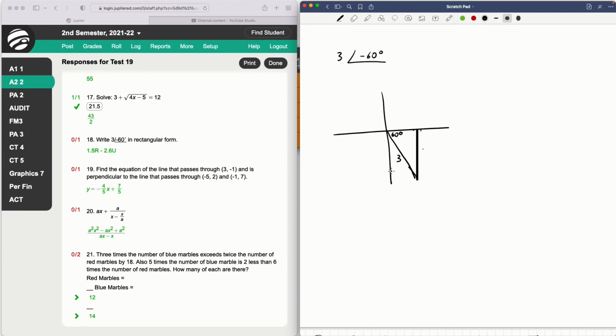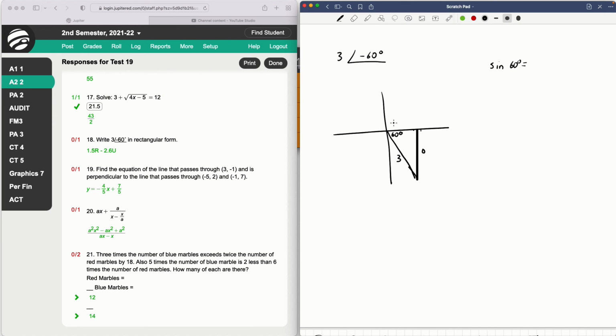Okay, so we have 60 degrees, and then we have this, right? So we use SOHCAHTOA. The sine, so that is SOH. So the sine of 60 degrees is going to be the opposite over the hypotenuse. This is the opposite, this is the adjacent, and this is the hypotenuse.